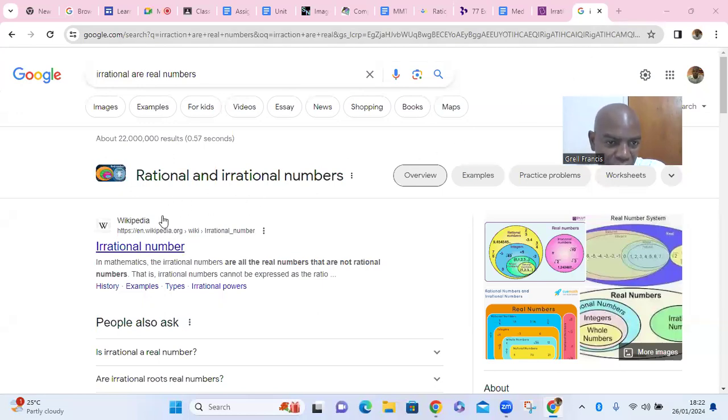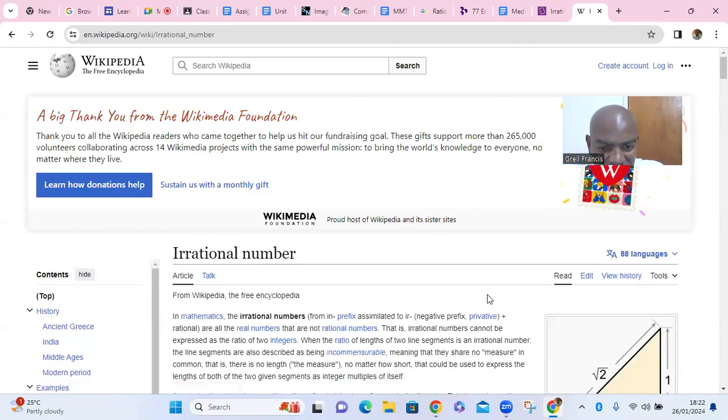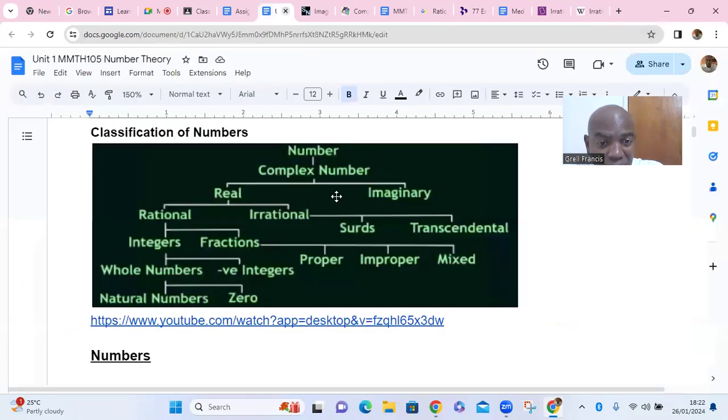Please bear in mind that irrational numbers are real numbers. In mathematics, it says the irrational numbers are all the real numbers that are not rational. Okay, this is Wikipedia that is saying that. However, this is confirmed in the diagram in our chart. You have number, you have complex number, you have the real part and the imaginary part.